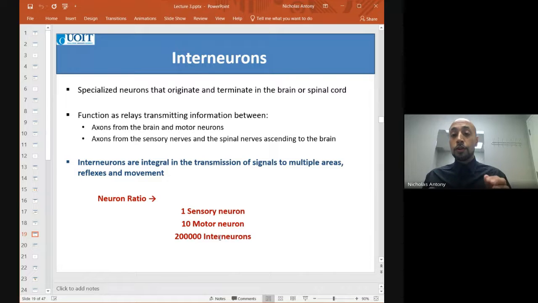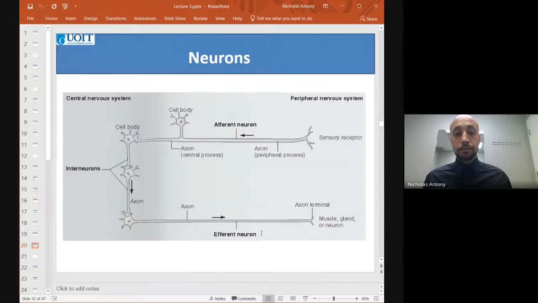Interneurons are those neurons that relay information between neurons, divide up information, and relay it back. They're involved in reflexes. We have so much relaying of information between neurons, and it's through these interneurons that we're able to decrease the amount of processing required from the brain. A lot of it is done reflexively.